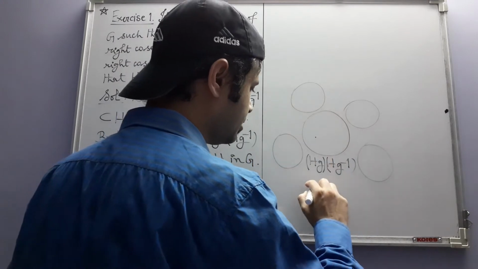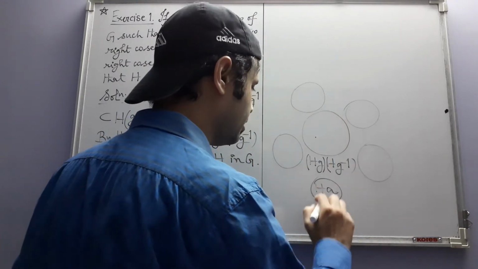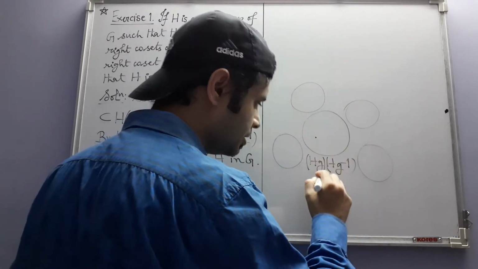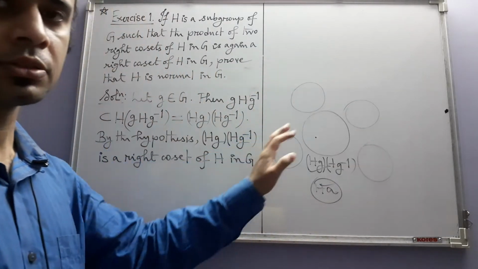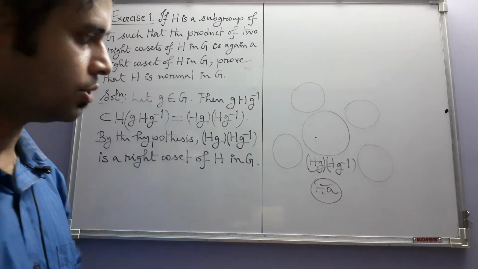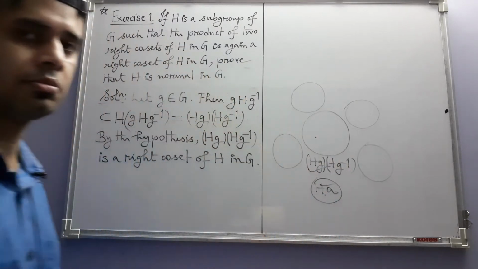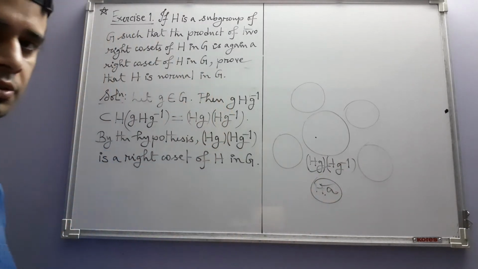But if we find a right coset of H, suppose some right coset Ha, which happens to have an element common with this one, then disjointness of distinct right cosets would imply that Ha has to be equal to this product. That means this product is this particular right coset.